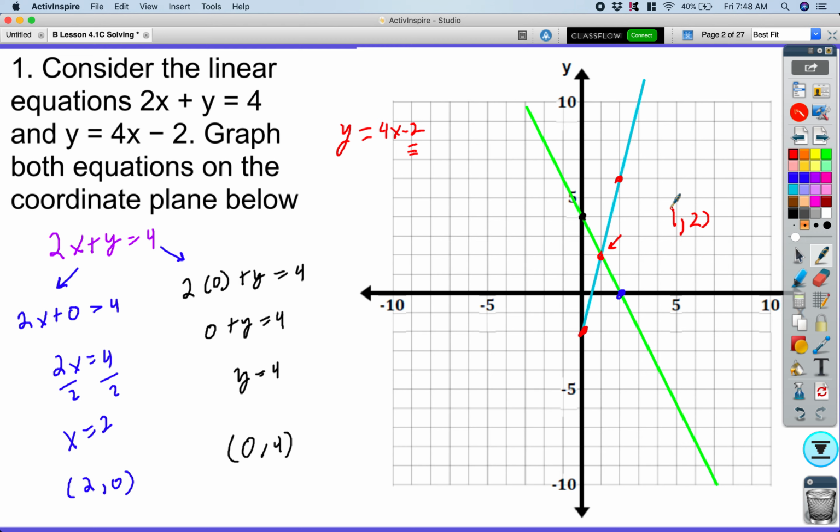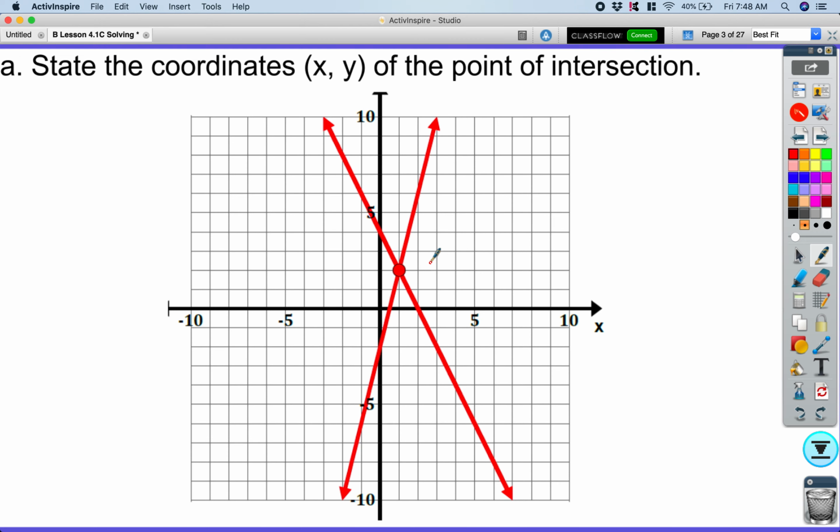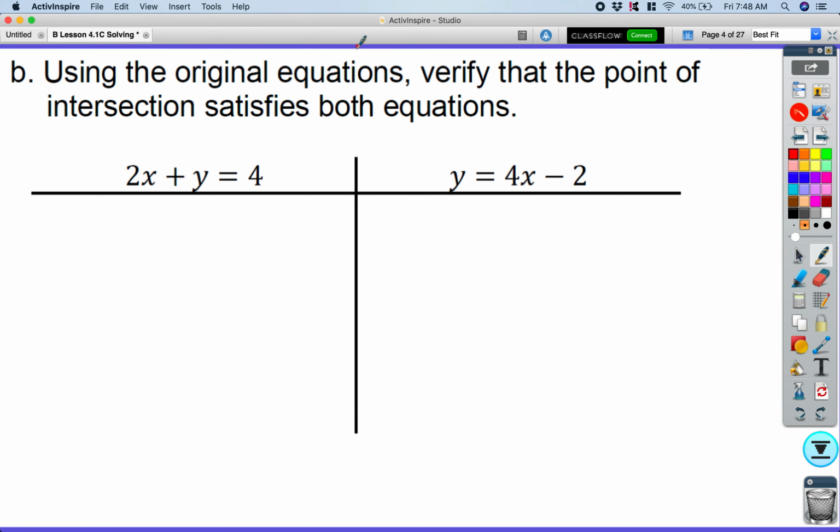When I look over here and it says state the coordinates of where it intersects, it's right there at the point 1, 2. Now remember, algebraically we need to verify that that actually is the solution. So let's see how we would do that. It says using the original equations, verify that the point of intersection satisfies both equations.